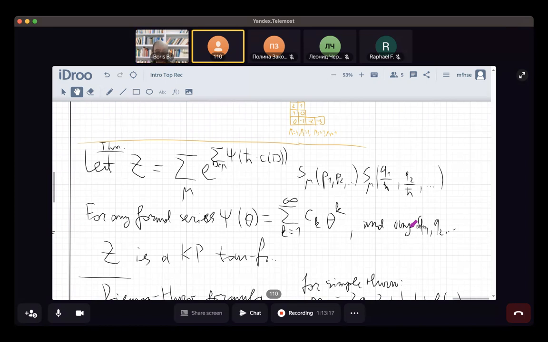We will do this for this general setup, which includes all the types of generalized Hurwitz numbers which I have mentioned so far. Okay, is our plan clear?